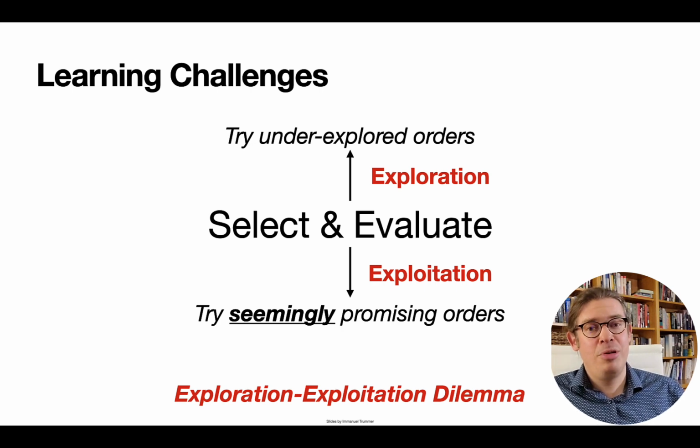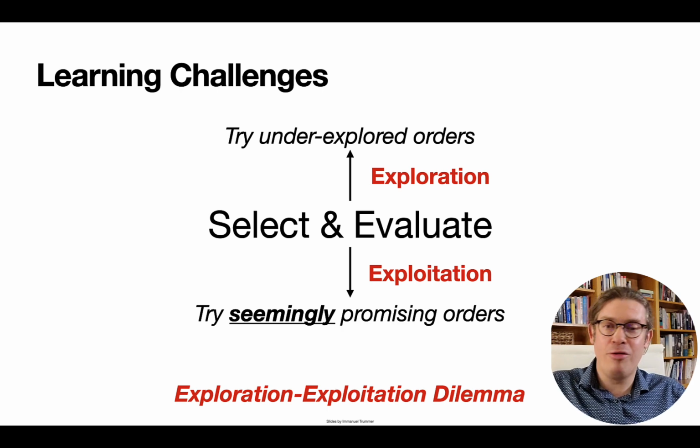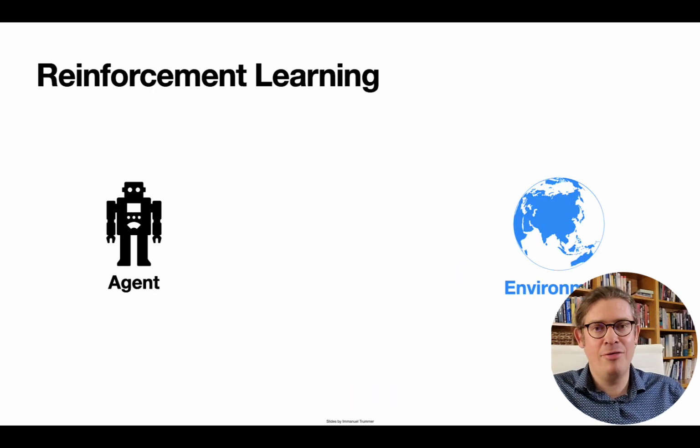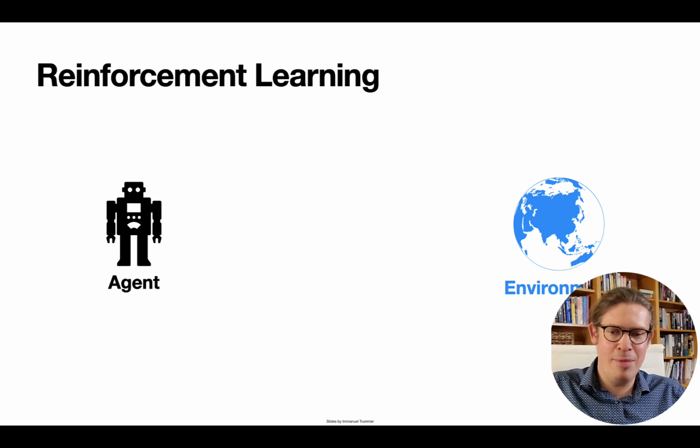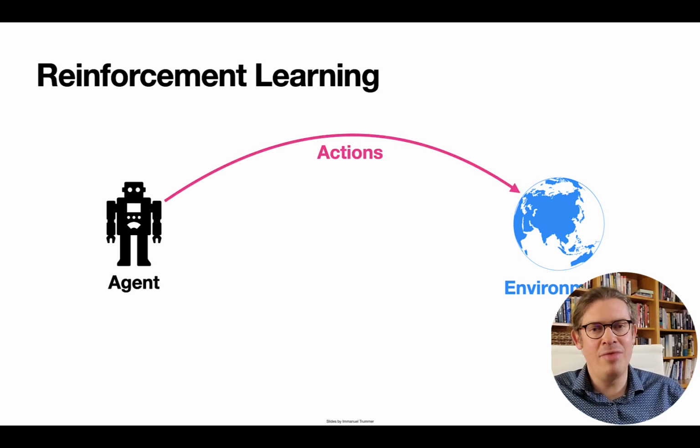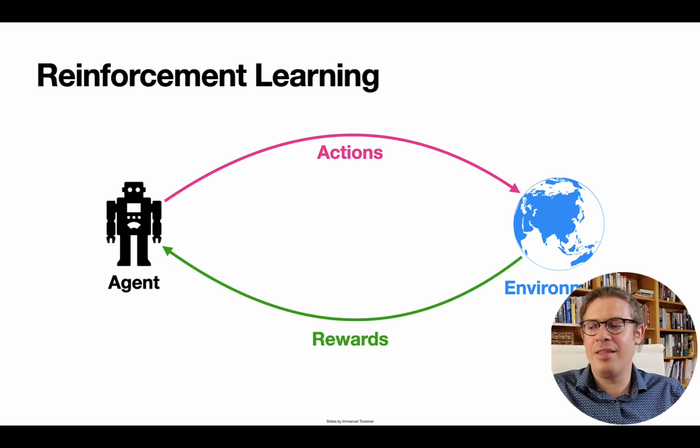And the most principled way to resolve this dilemma is by the application of a reinforcement learning approach. In reinforcement learning, we generally have an agent that interacts with an environment. It can influence the environment via actions, and it obtains rewards from the environment that it tries to maximize. But initially, the agent does not know how to do that.